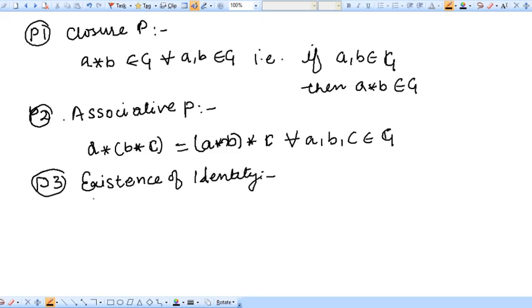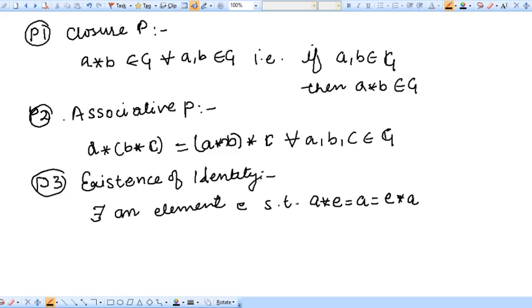It says there shall exist an element, say E, such that A star E shall be equal to A in either way.